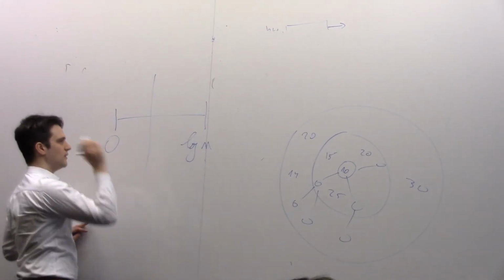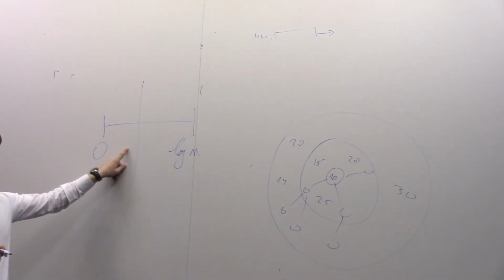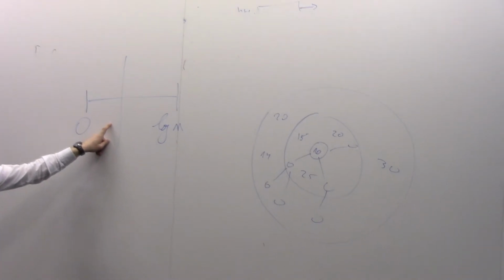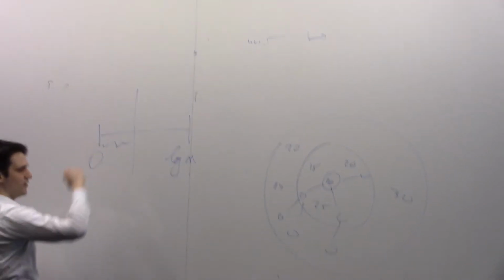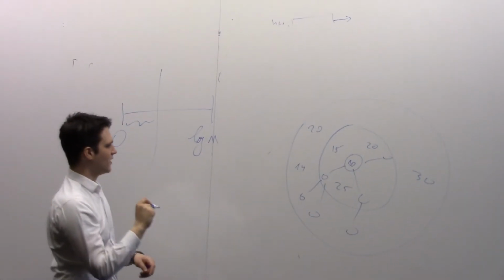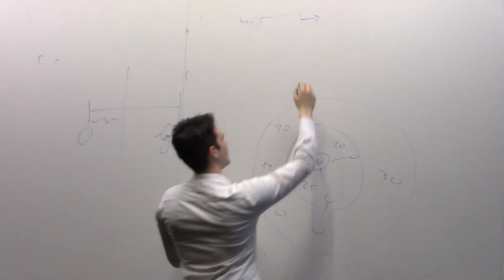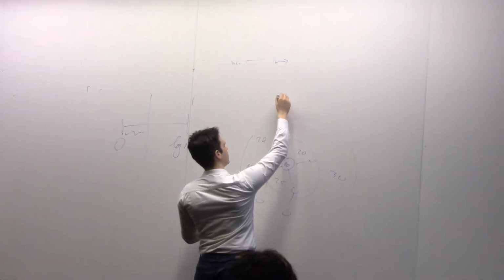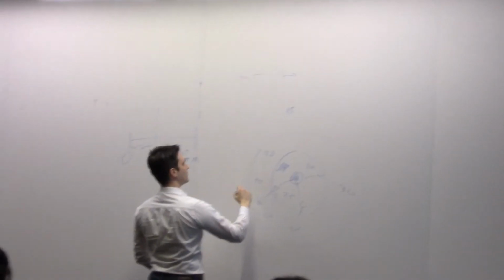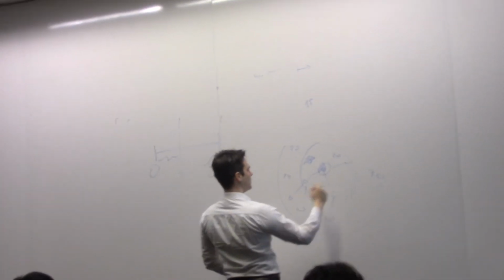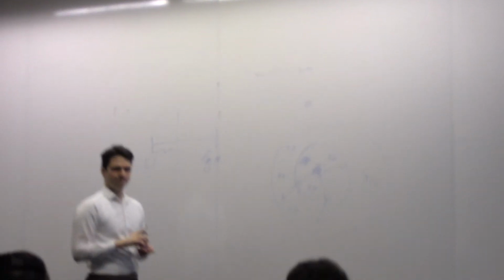You choose the midpoint, log n over 2 in the original case, and everybody who is more advanced than this will become active. So let's say the midpoint is 15, then these two nodes become active.